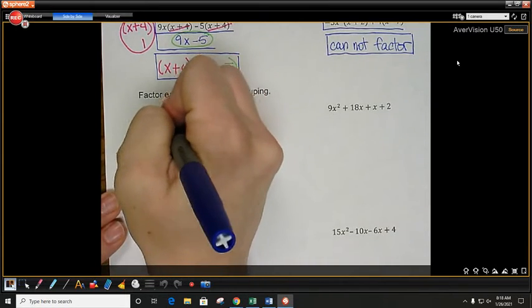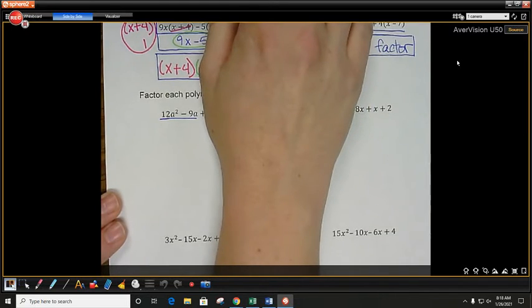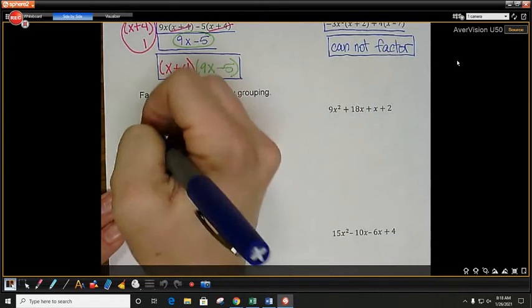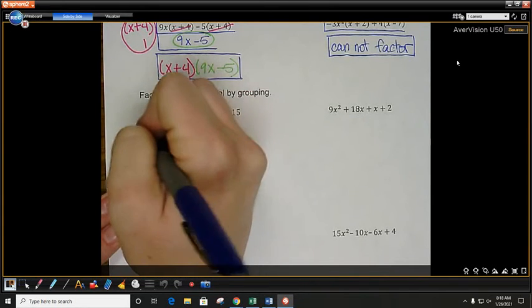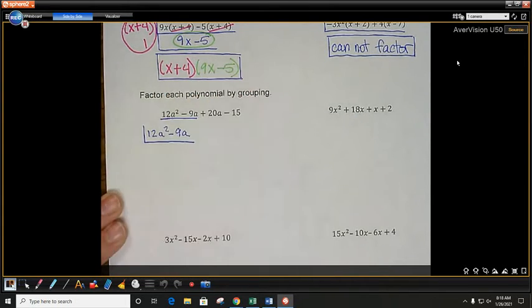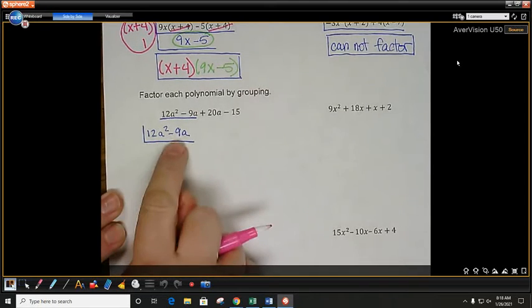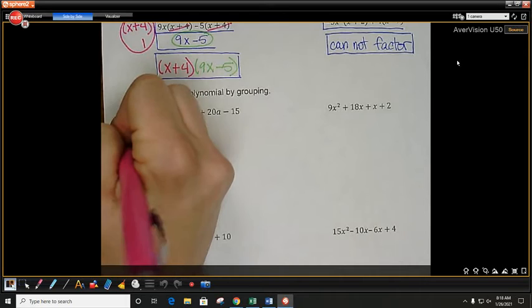So we're first going to group our first 2 terms together. We're going to pretend the last 2 don't exist. So we have 12a squared minus 9a. I think we're going to be able to take out both our common coefficient factor and our common variable all in one. 12 and 9 are both divisible by 3.